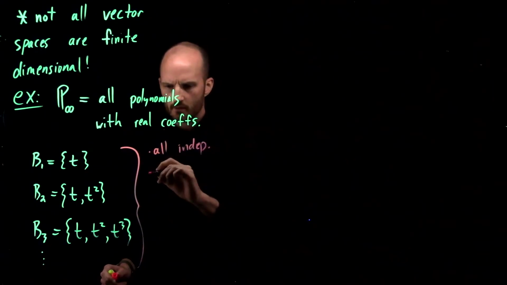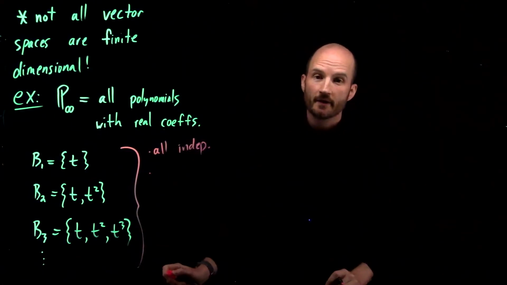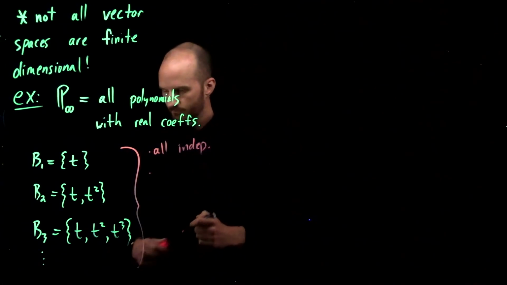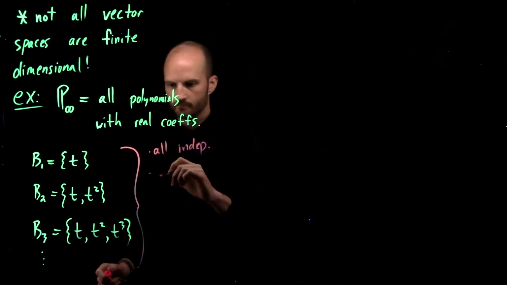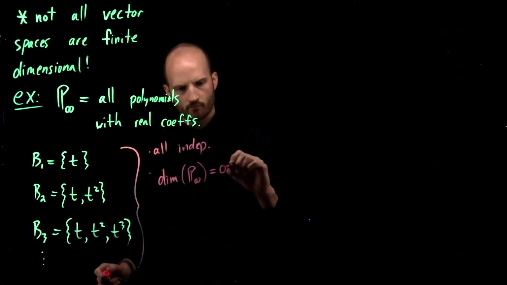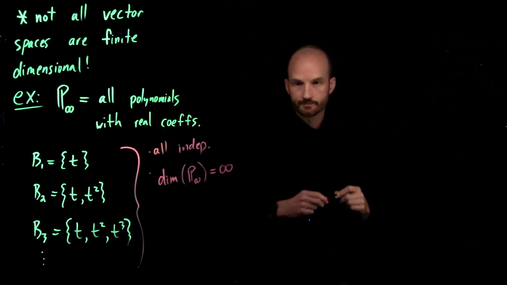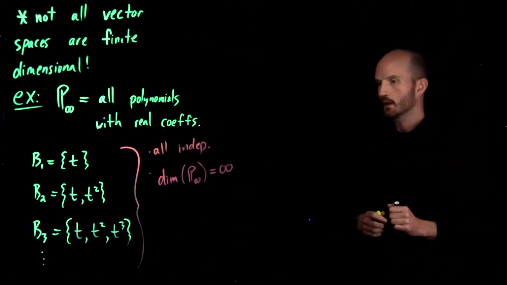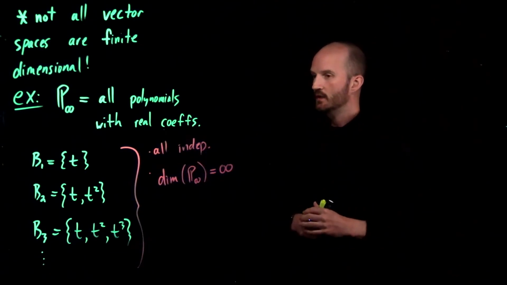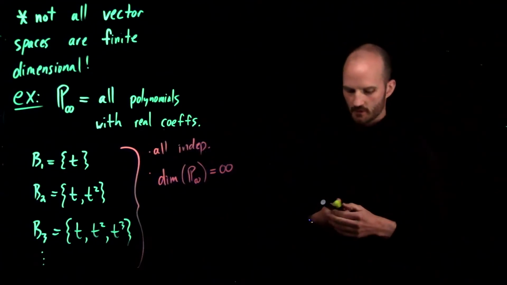Okay, so it's not possible to find a finite basis. So you have an infinite dimensional vector space. We don't talk really at all about these in this course, but I want to at least mention the possibility.